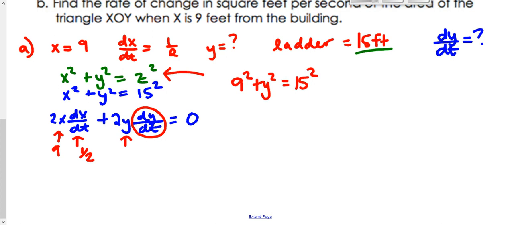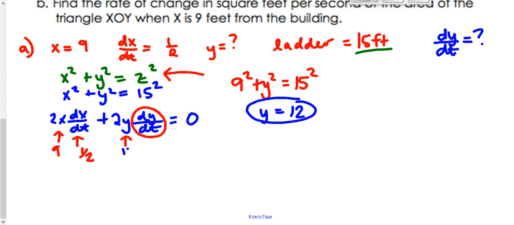So 15 squared is 225. When you subtract 81, you're going to get 144. Take the square root, you get 12. So y is 12.